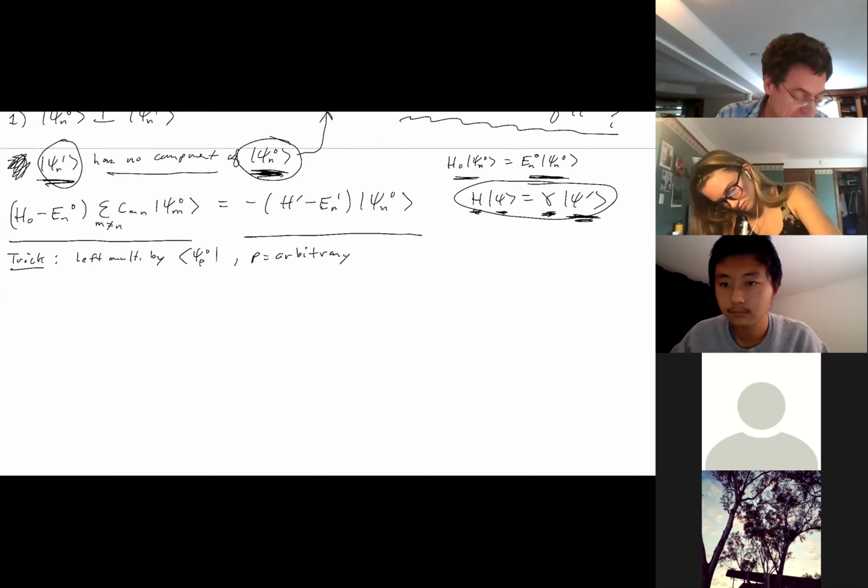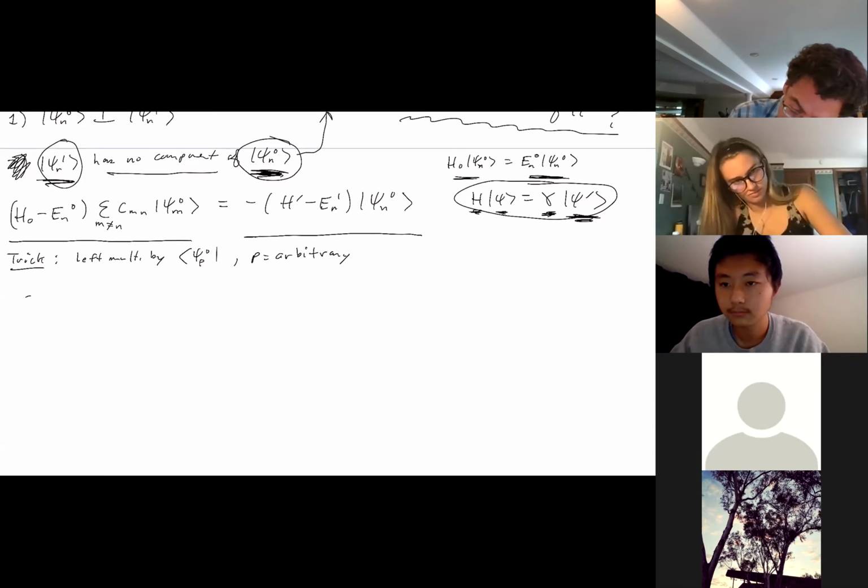And so when I do that, I can rewrite it. Let's see how I want to rewrite it. I think I'll rewrite it like this. I can bring the summation out.